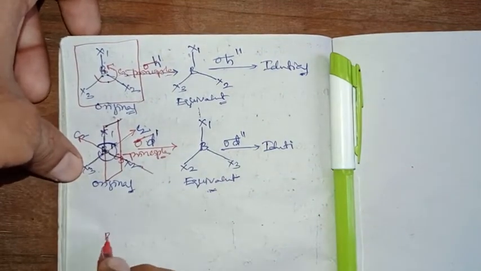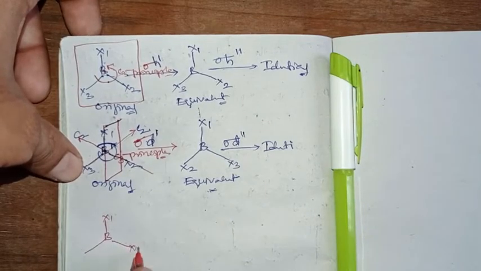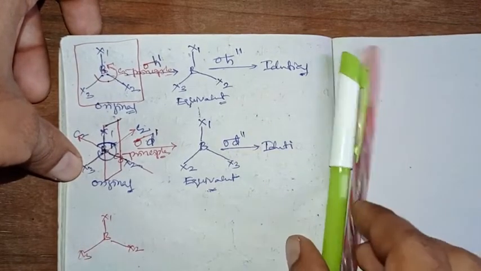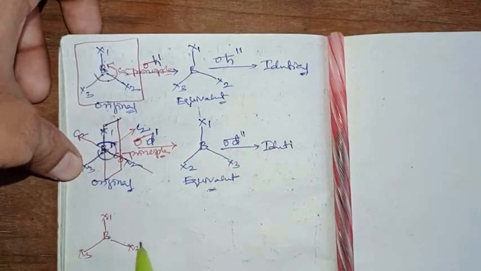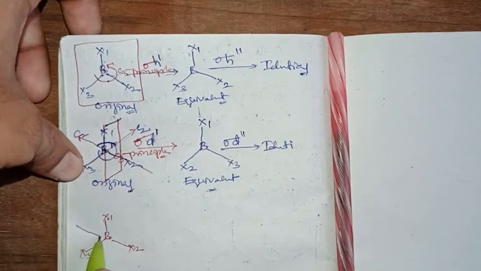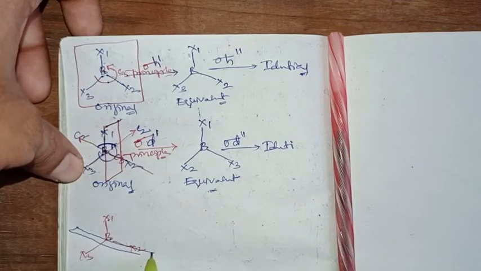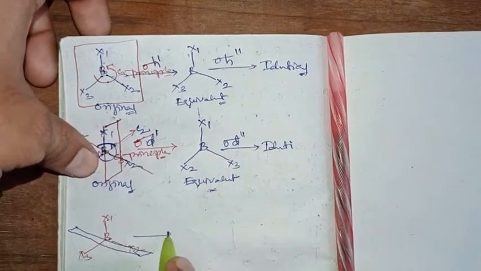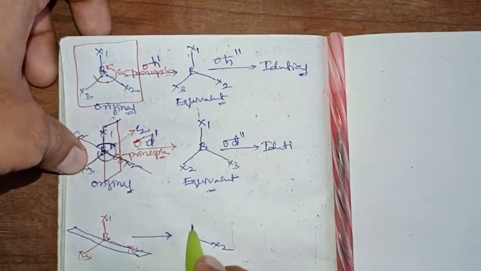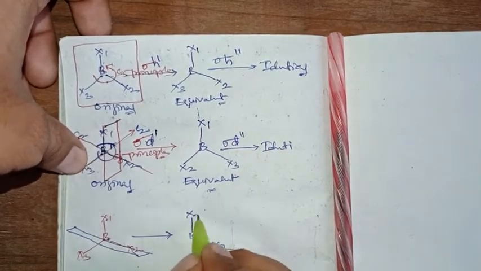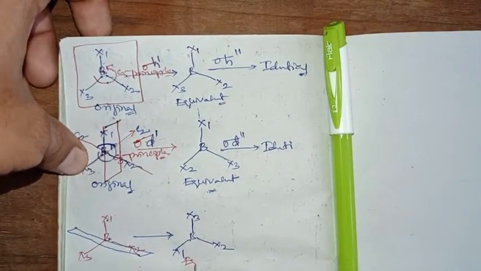How are they? Look at this: X1, X2, X3. As initially we had a dihedral plane with boron and X1, now we can go with boron and X2. In the boron and X2 plane, the boron and X2 retain their position and it reflects X1 and X3, giving an equivalent configuration.